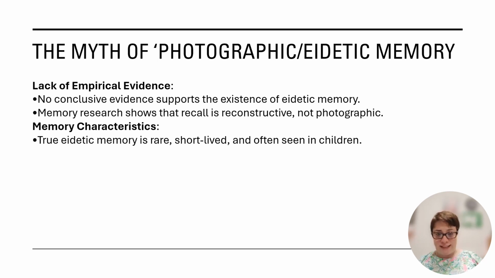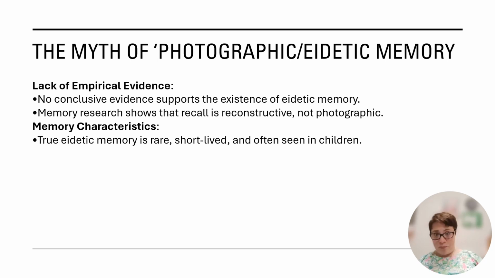As far as characteristics of true eidetic memory, that suggests that it's short-lived and rare. So true eidetic memory, if it exists, is extremely rare, and it tends to be more common in children than in adults. And even among those who report eidetic memory abilities, the vividness of the recalled images typically fades very quickly, often within seconds to maybe minutes, right?